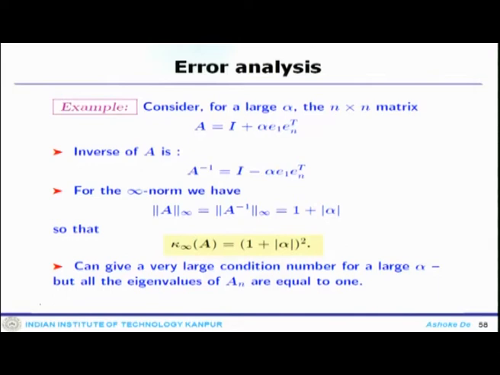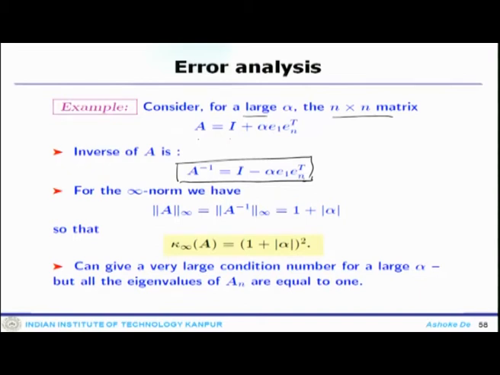One can again take a simple example and try to see what it means. Take a large alpha for an n by n matrix such that A equals I plus alpha times e1 en transpose. The inverse of A, if you find it, will be I minus alpha e1 en transpose.